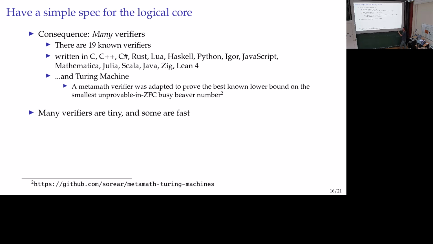Many verifiers are tiny, some of them are fast, and there are some that are reasonably fast and also small. Which is the smallest? I think I have a Mathematica verifier that's like 70 lines of code.